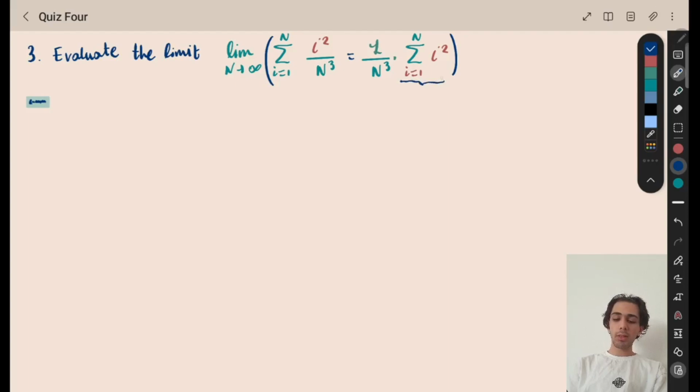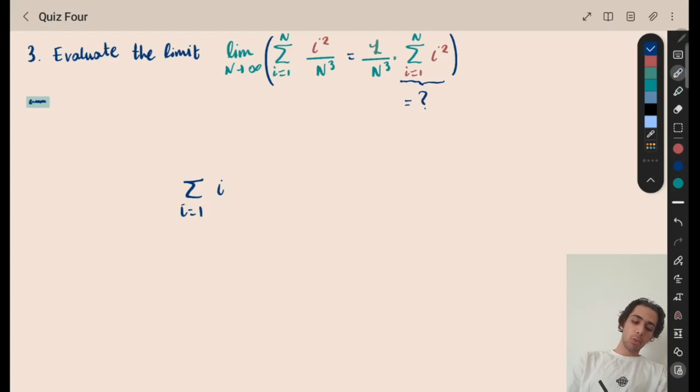Now, what can you say about this expression? For this, I don't think there's any way around it. You just need to have seen it before, maybe. It's just like the fact that the sum of all elements from 1 to n is equal to n times n plus 1 divided by 2.